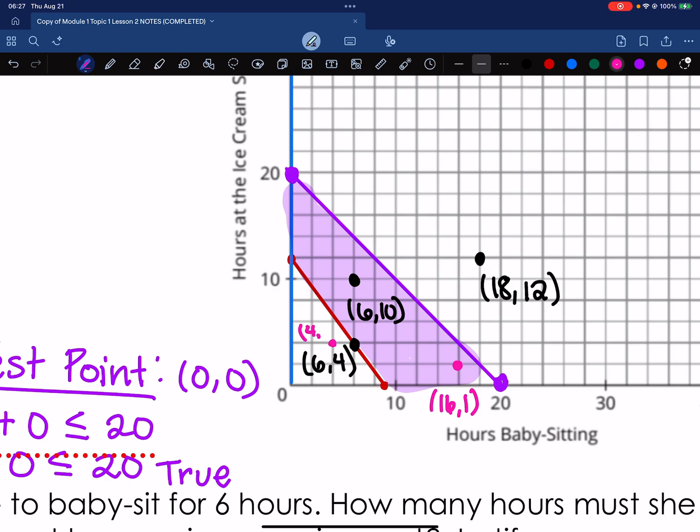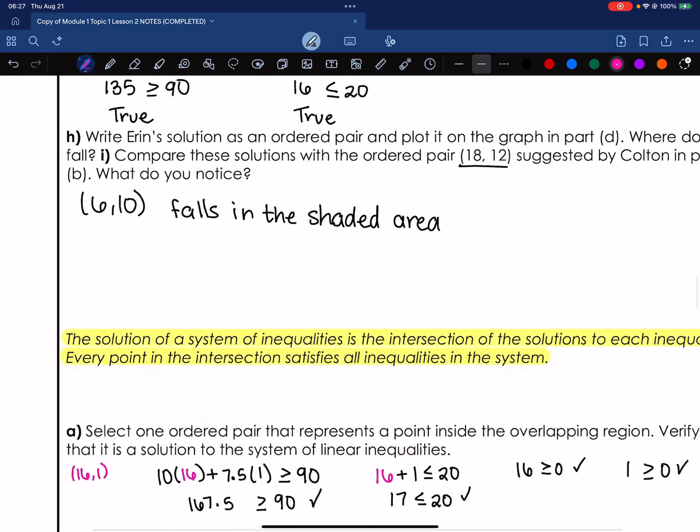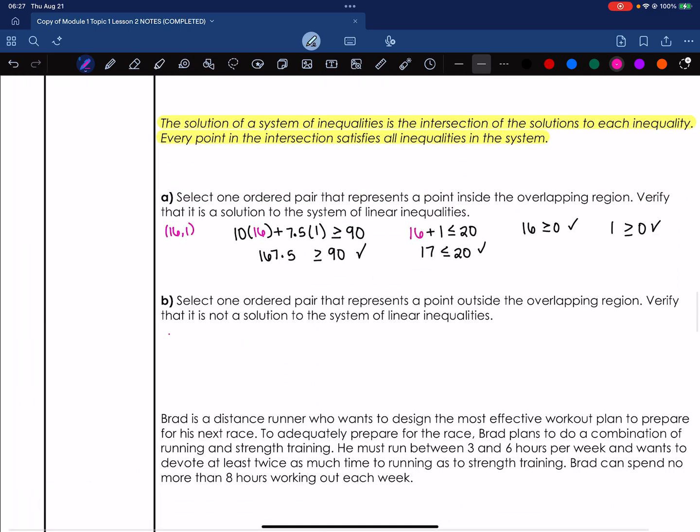That is 4, 4. So let's do that. Okay. So going back, the point we're working with is 4, 4. So we're going to plug that in to our first inequality, second inequality, and then the previous two as well.